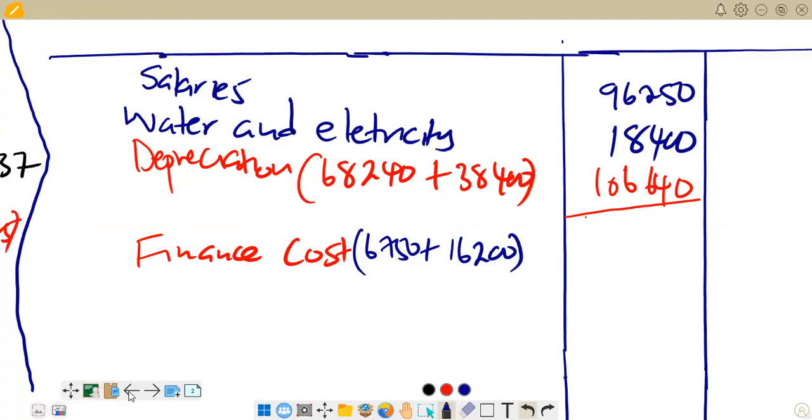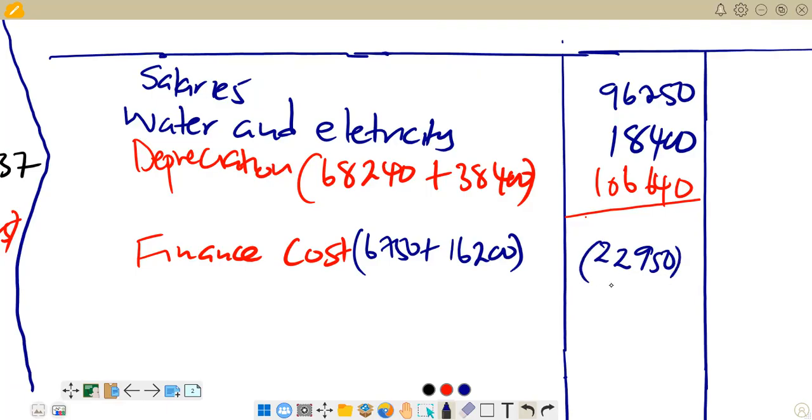And then there now, if you add the two, you're supposed to get 22,950. This is the finance cost, 22,950.